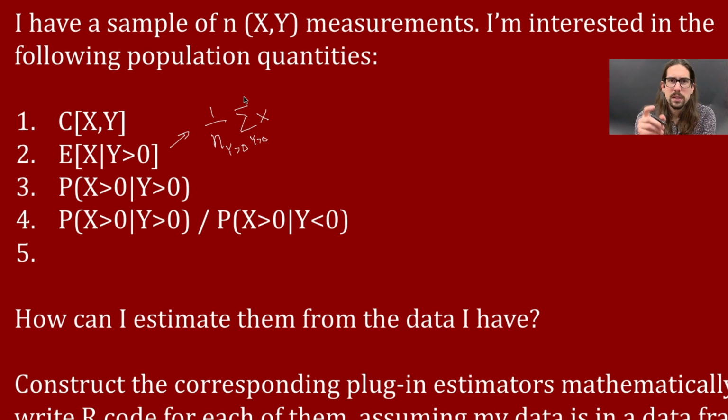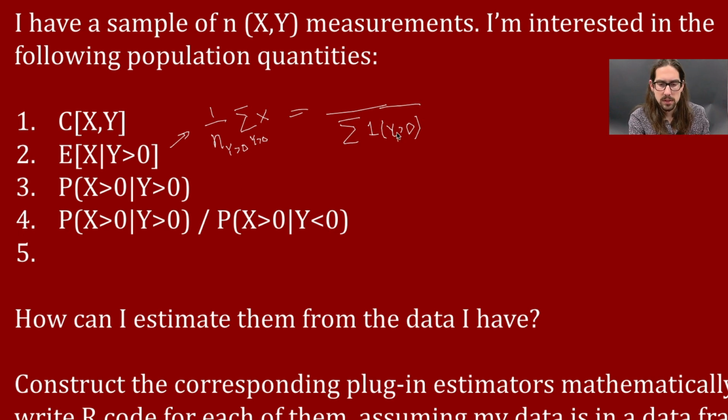If you wrote this in a math paper, people would know what you're talking about. But if you want to make it a little more formal, you can do it like this. There are a couple of different ways. Let's say this n: how many people is it that y is greater than 0 for? I'm just going to add up a 1 if I see y is greater than 0. So this is the indicator function of where y is greater than 0.